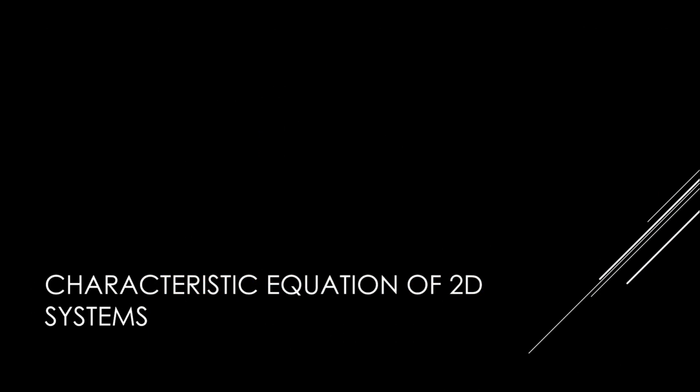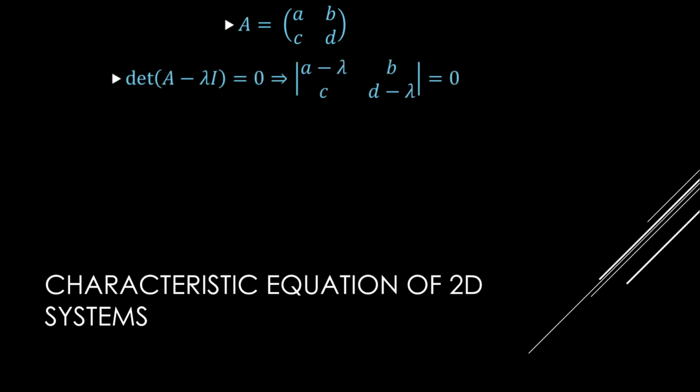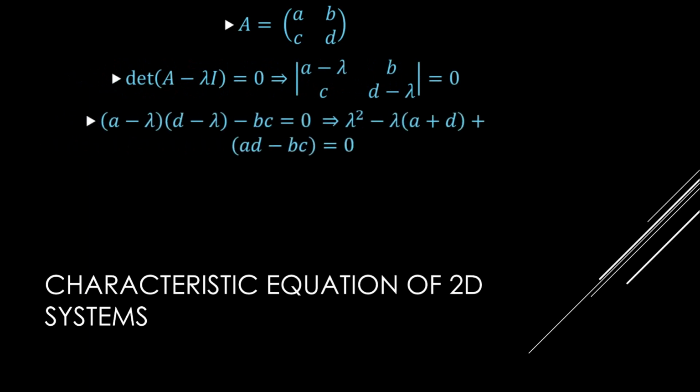To understand the general behavior of any two-dimensional system, we start with the matrix A. This is just our Jacobian evaluated at our equilibrium point. Therefore, the entries A, B, C, and D are just numbers. We then are going to find our eigenvalues. Doing so, we end up with the following expression.